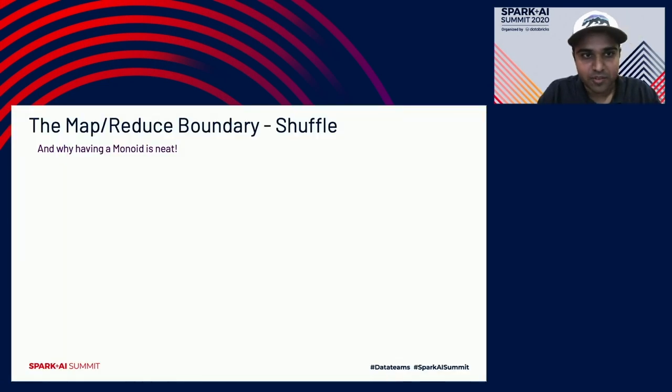Okay, so now that we're done with monoids, let's put together monoids with Spark before we get into the Bloom filter layer.